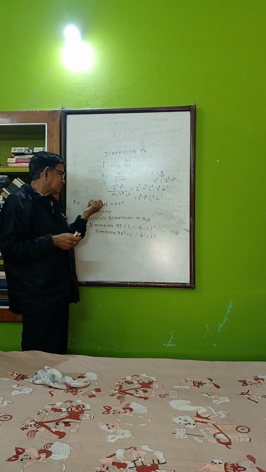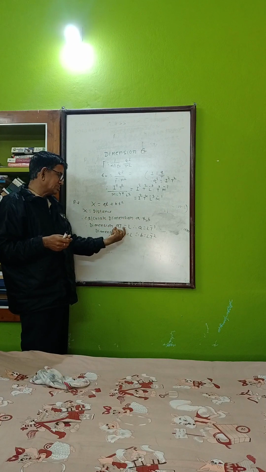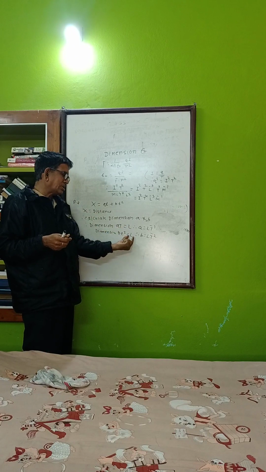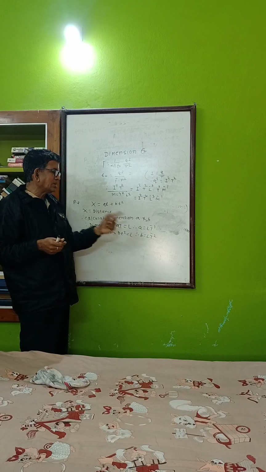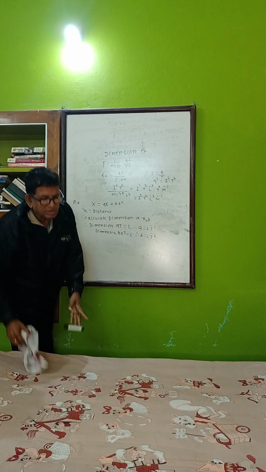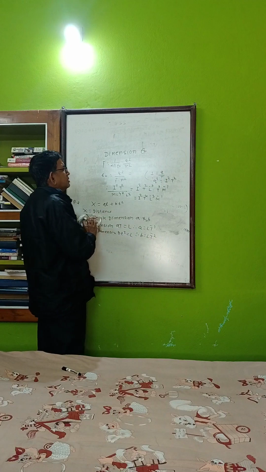So AT dimension equal to displacement dimension, and bt square again displacement dimension. So we are getting the dimensions of A and B. Thank you all. Next class, wait for practice.